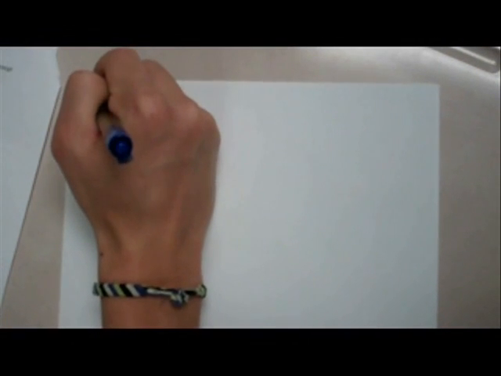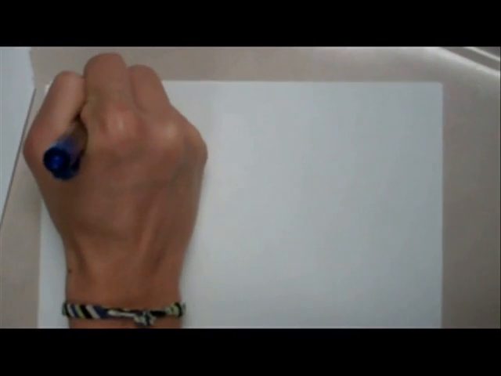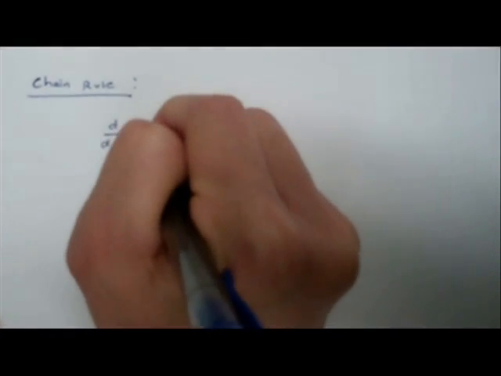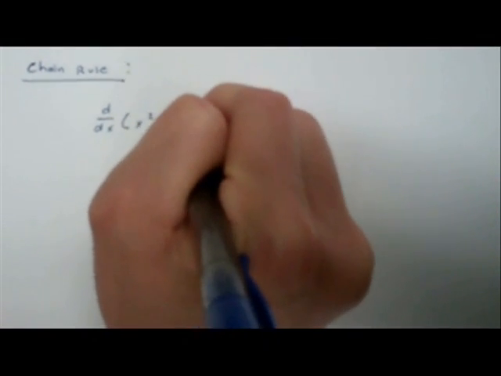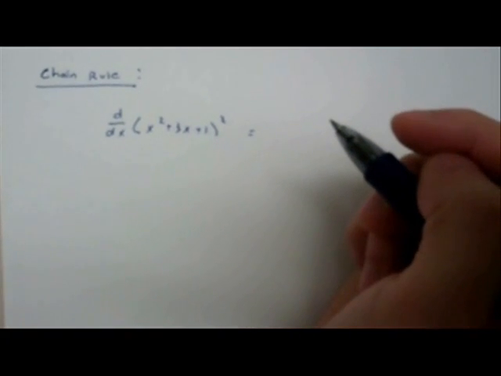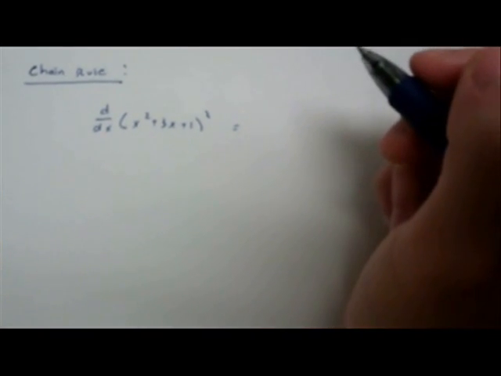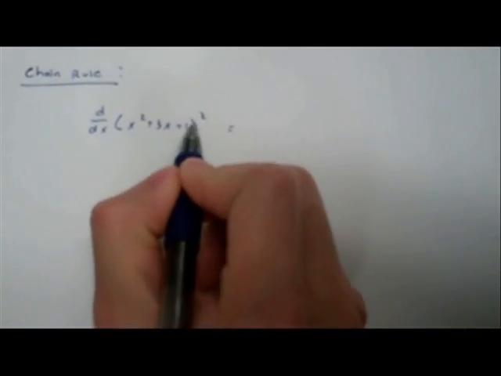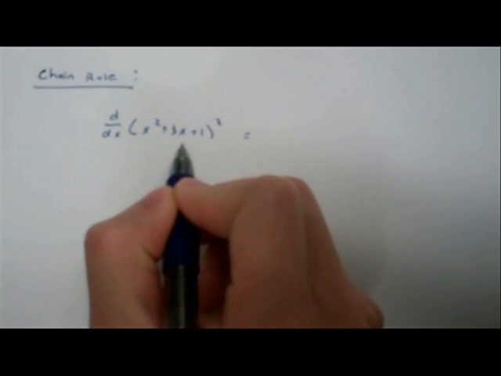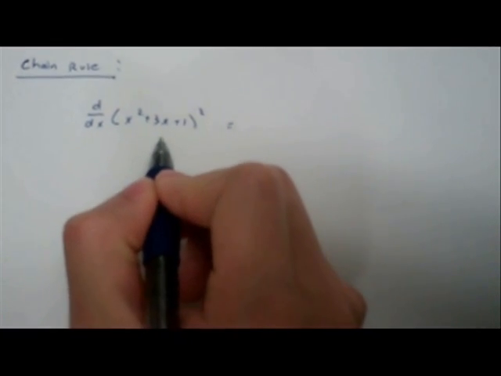Alright, so here's an example of the chain rule. We're going to be using the function from earlier. We're going to take the derivative of x squared plus 3x plus 1, all squared, and here we have to use the chain rule. The chain rule can be thought of as taking the derivative of the outer function, which is the power 2 here, and then multiplying it by the derivative of the inner function.